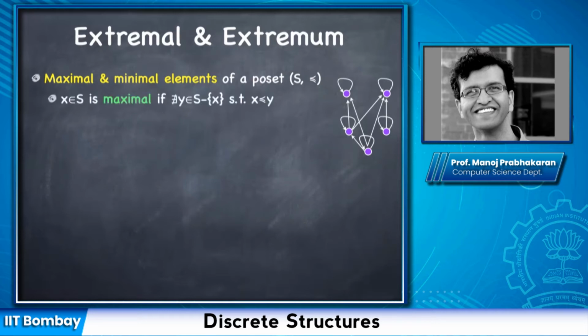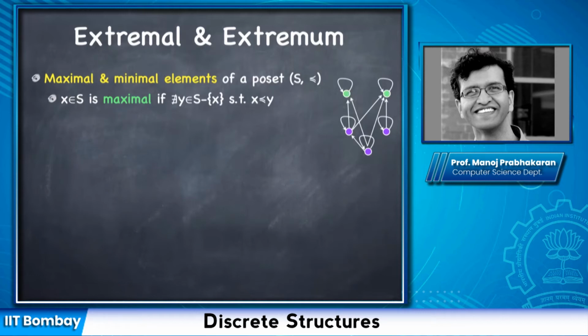Here is a definition. I would say that an element X in the ground set is maximal in that poset if there is no other element Y which is, I think of it as, greater than or equal to X. So that's when X is maximal.